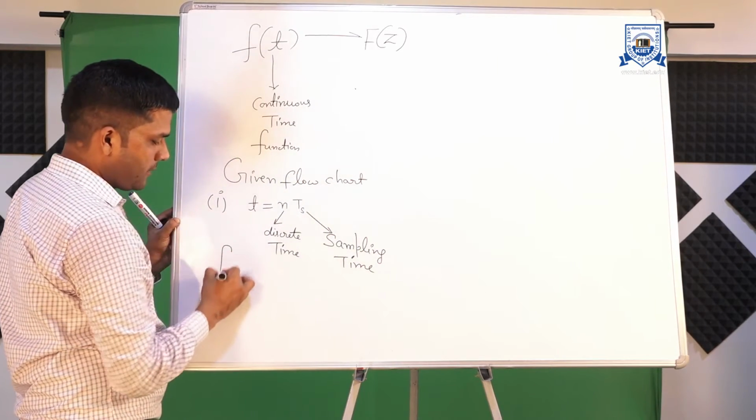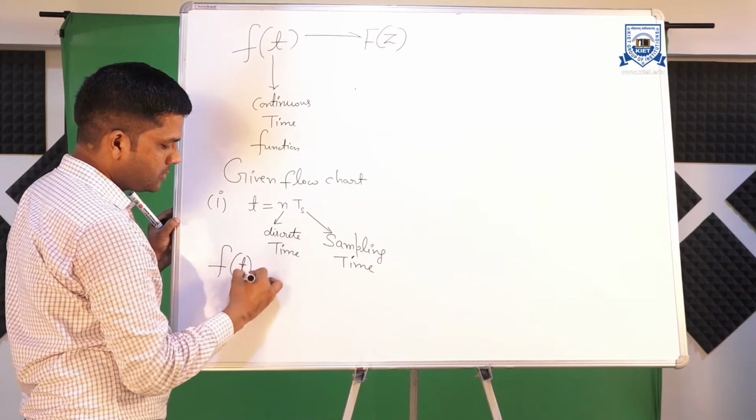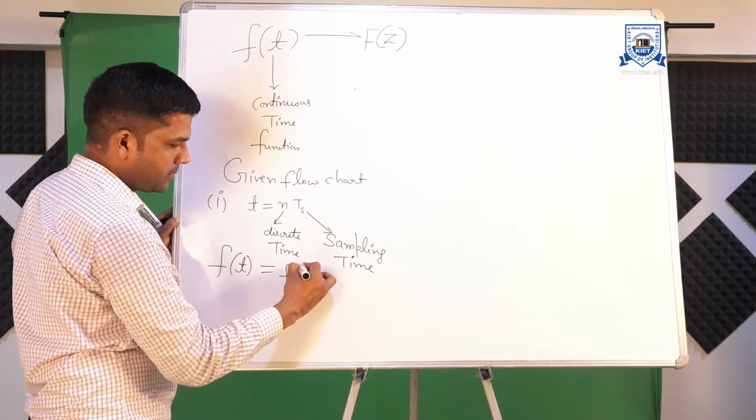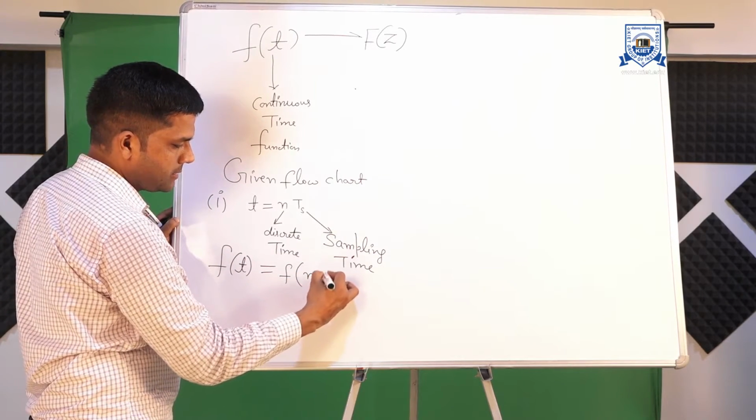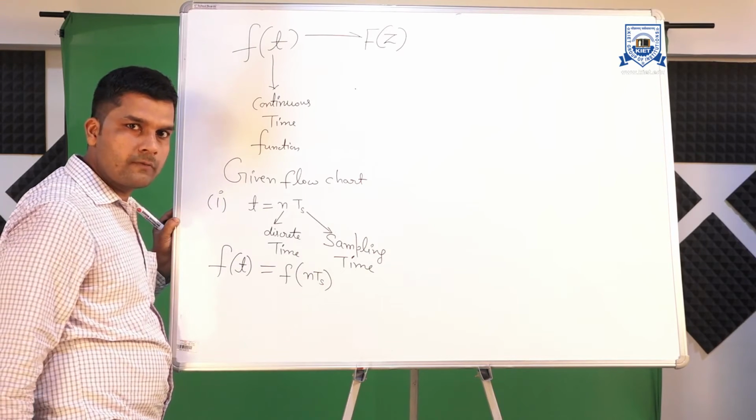Then f(t) will be equal to f(nTs). This is the first step in the flow chart.